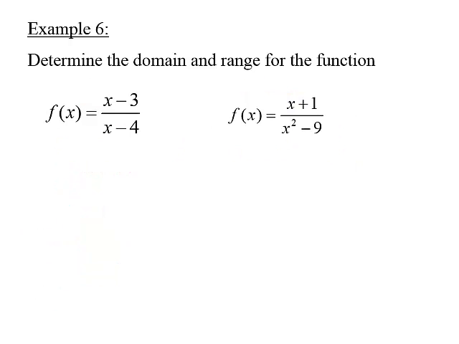So here again, we'll just determine the domain for the function. If we have f of x equals x minus 3 divided by x minus 4, remember that a rational function is undefined for values that make the denominator 0.